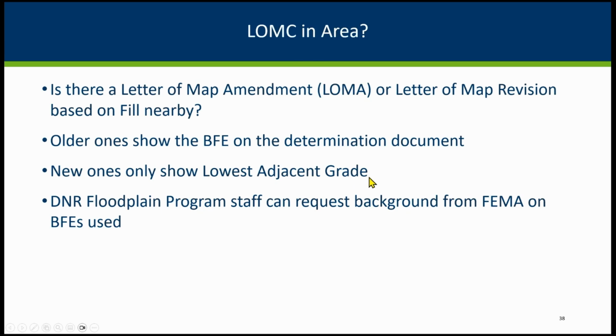So if they got a successful LOMA at that lowest adjacent grade, you know that the BFE they're using was that elevation or something lower. If you want to know what BFE FEMA was using, DNR staff can get copies of the background information for those LOMAs, and we can look through and see what they used as the BFE, usually.